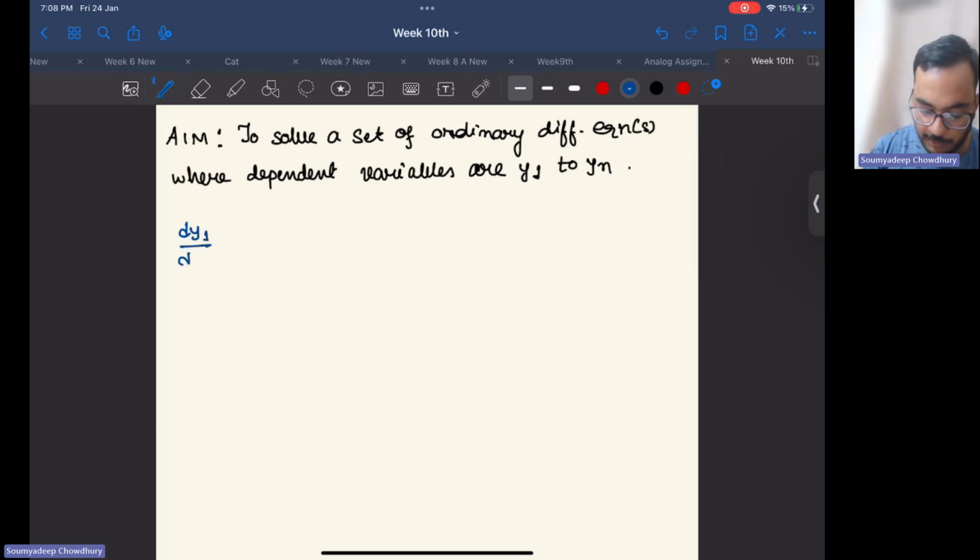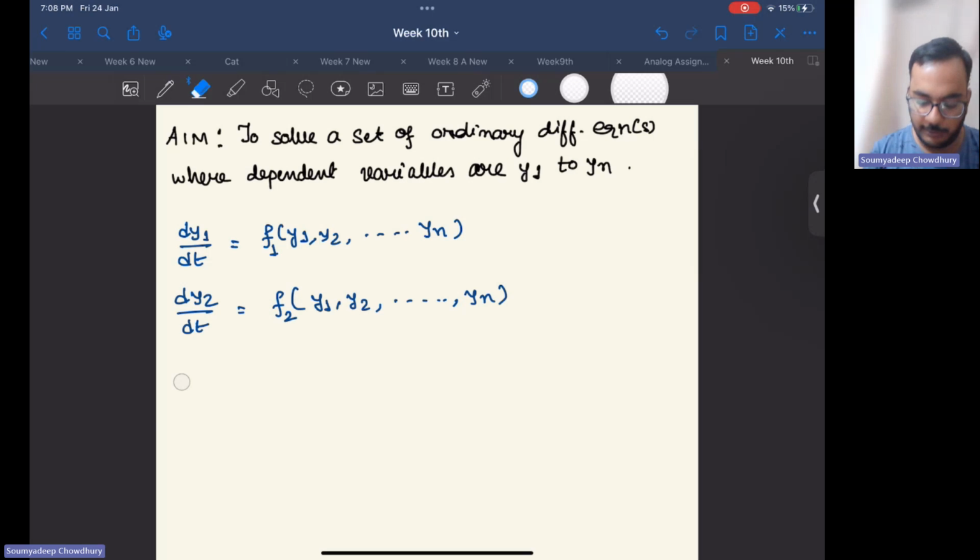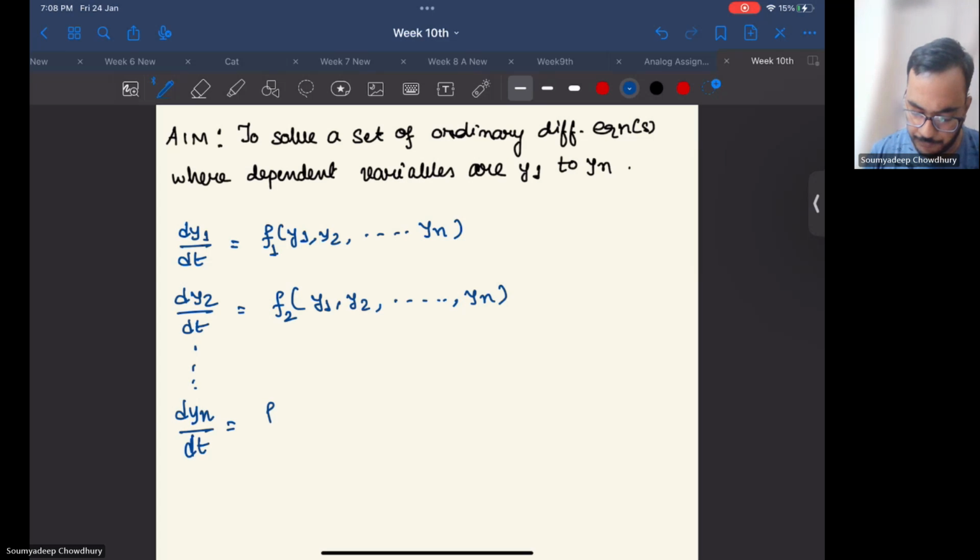I'll write down some set of differential equations. Suppose we have dy1 by dt, it will be some function of y1, y2, say up to yn. Similarly, we can have another differential equation in a different functional form. Like this, we can have n number of equations in terms of the derivatives of all the variables, up to Fn.